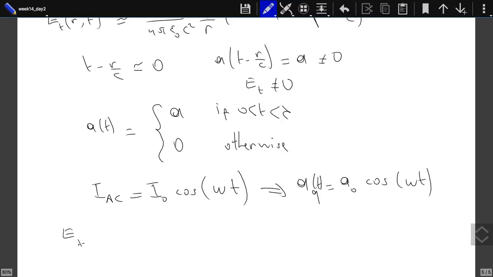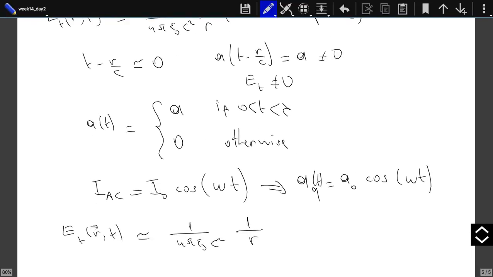So this single charge will create an electric field, the radiation electric field, which will be equal to 1 over 4 pi epsilon 0 c squared, 1 over r, q times sine phi, times A0 cosine omega t minus r over c.